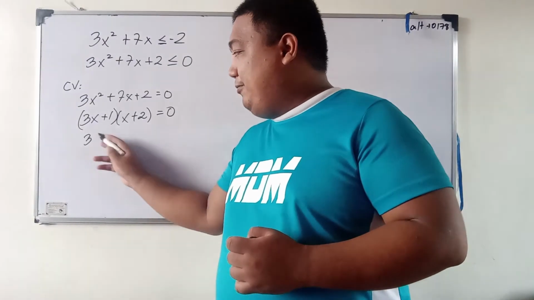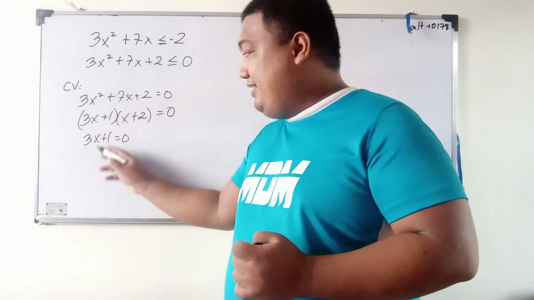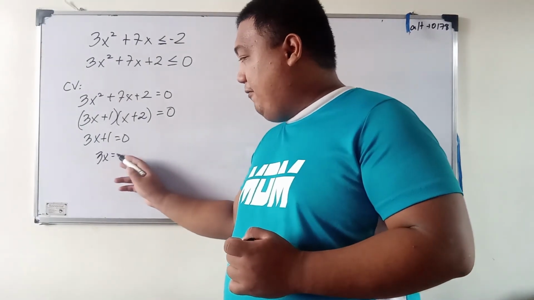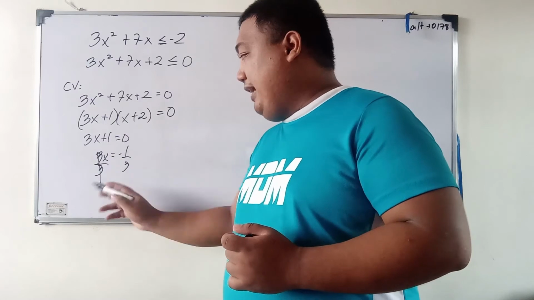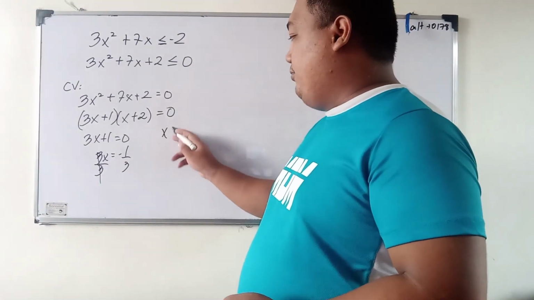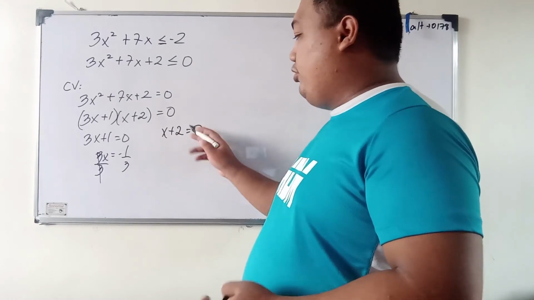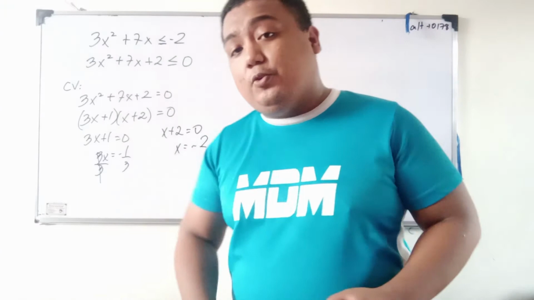So, 3x plus 1 is equal to 0. Put 1 on the other side. So, 3x equals negative 1. Then, divide both sides by 3. So, x is equal to negative 1/3. No? Then, x plus 2 is equal to 0. Put 2 on the other side. So, x equals negative 2.